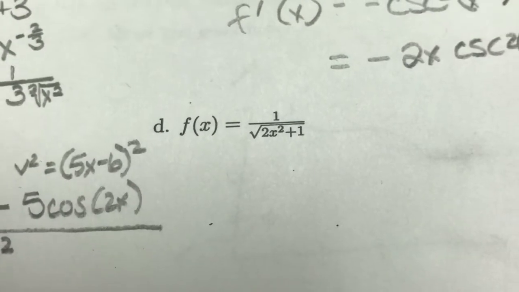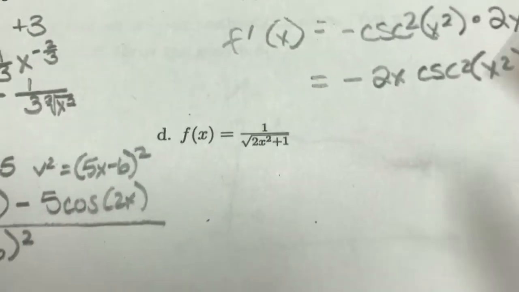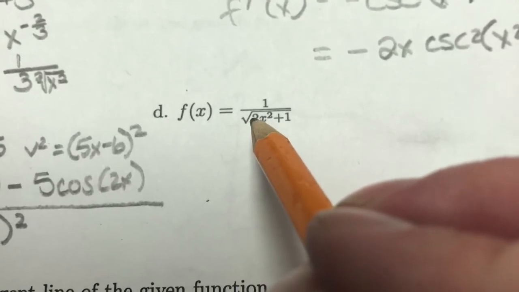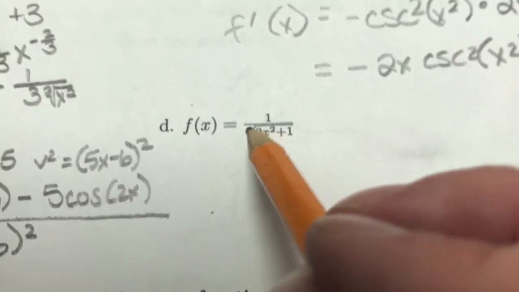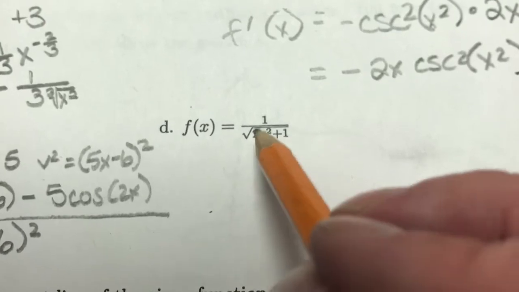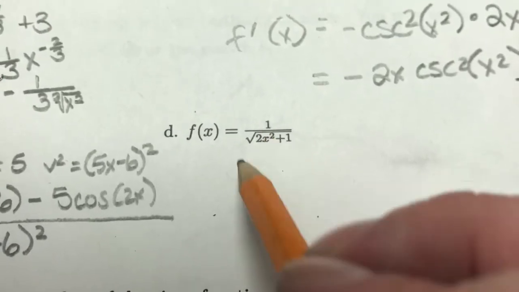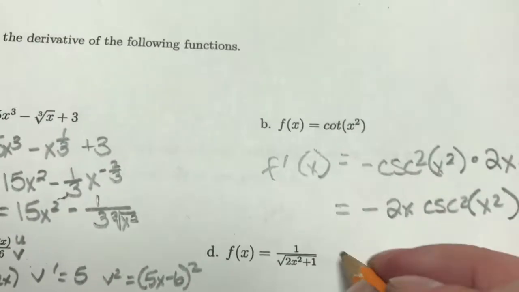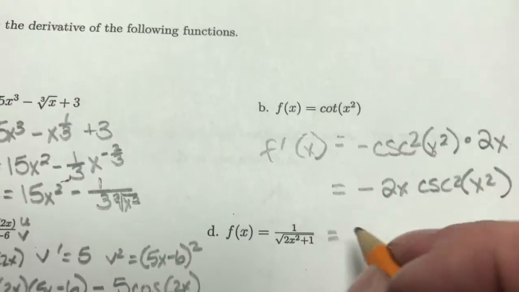All right, D, there's two ways that I can approach D. I could do quotient rule, and then while doing quotient rule, I guess do chain rule for this one. But I'm just going to do the chain rule, and this is how I'm going to do it.